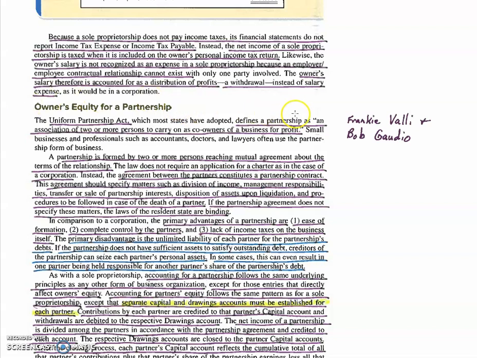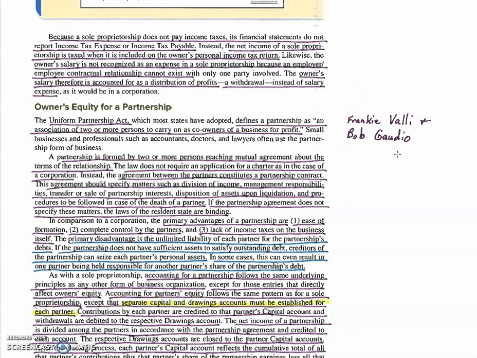Now you see I have written out here Frankie Valli and Bob Gaudio. They're an exception. You may have heard of Frankie Valli. If you want to hear some good music, go to YouTube and search for Frankie Valli and the Four Seasons, some great music. They were two members of the Four Seasons, and they formed a partnership that has lasted for like 50 years on just a handshake.